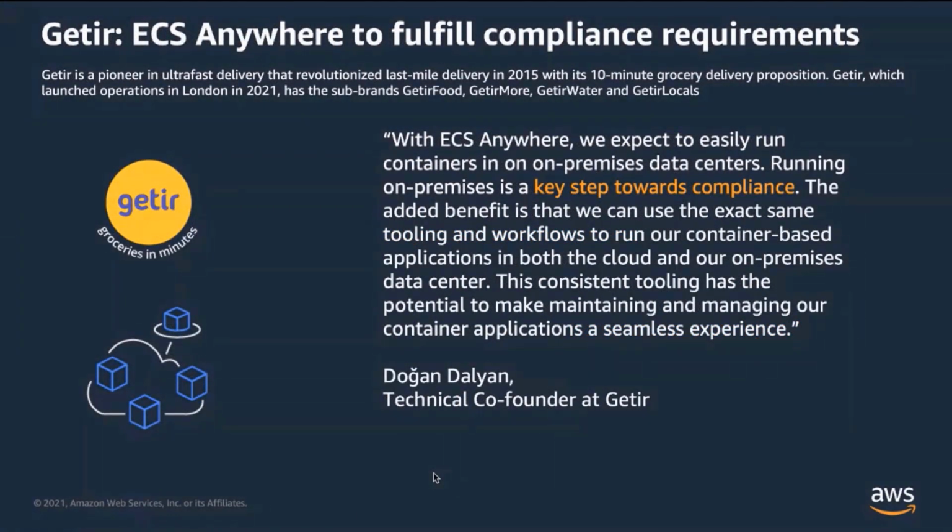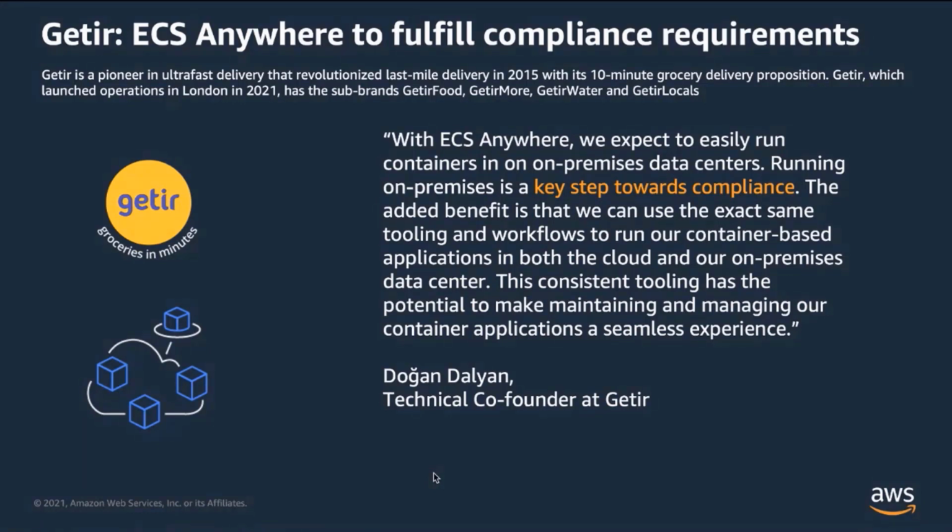Getter is one of the pioneers in grocery deliveries and food delivery, very popular in Europe. They are looking to expand their offering. They are looking to create another new offering which deals with financial transactions. And there is a lot of sensitivity and compliance requirements around those transactions.